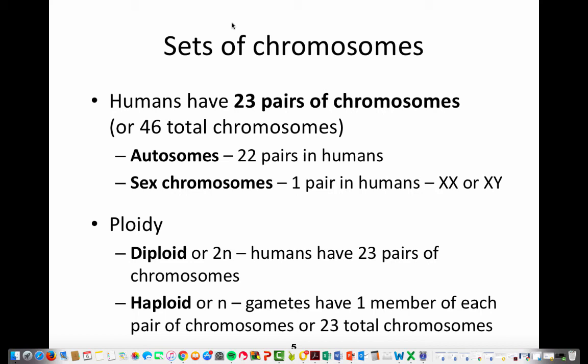And so when we're looking at cells, the number of sets of chromosomes we have is called ploidy. And so a diploid cell, do you see how it says di for 2, right? And ploid. So N is the number of chromosomes, right?